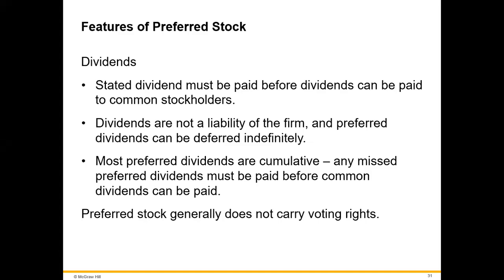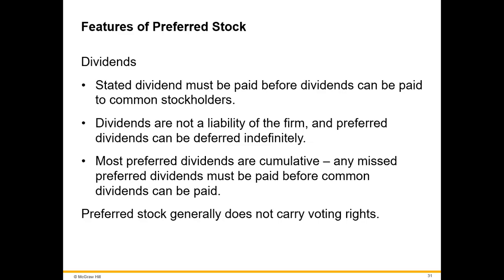So in a year a dividend isn't paid to the preferred shareholders, they usually have this characteristic of what's called cumulative. So let's say you own preferred stock and every year you should receive a $4 dividend, but you don't in the 1 year because the corporation decided not to declare a dividend.